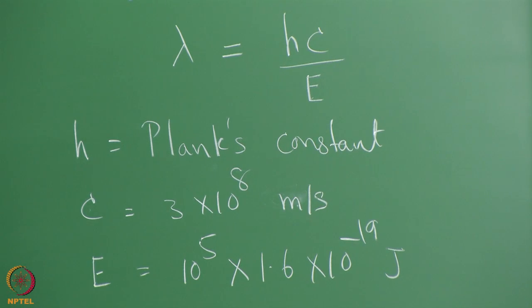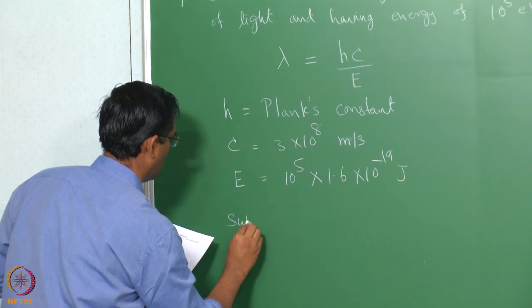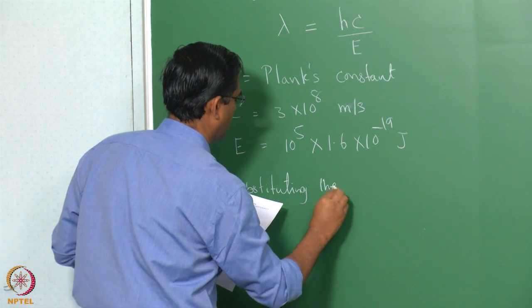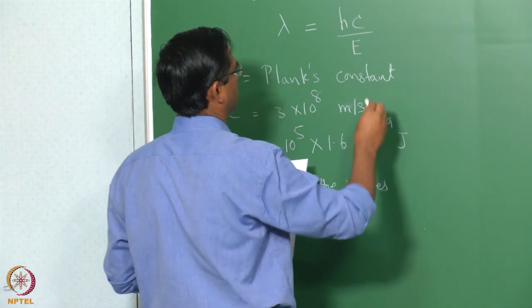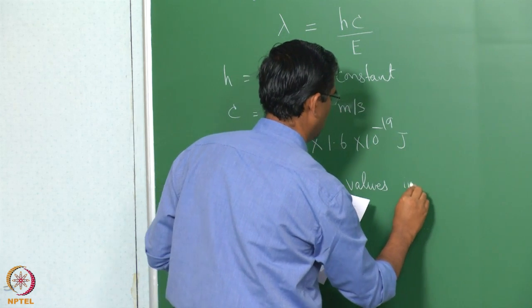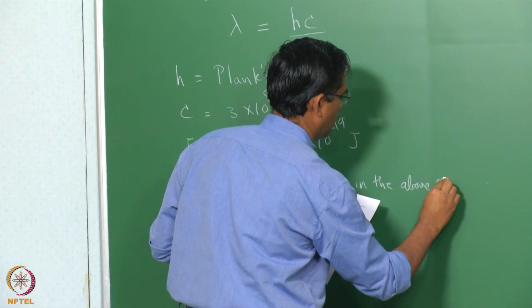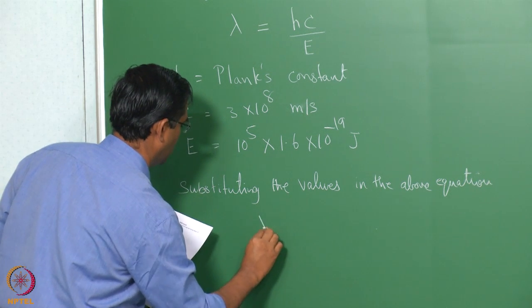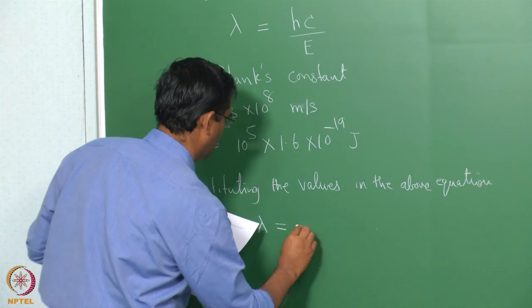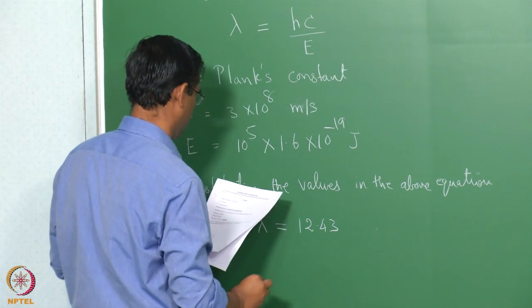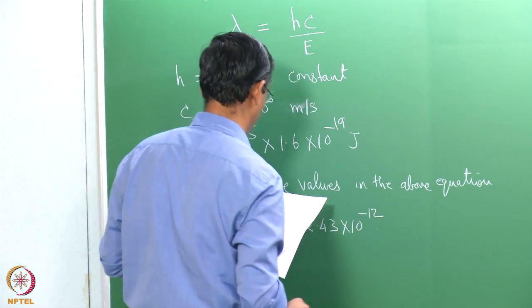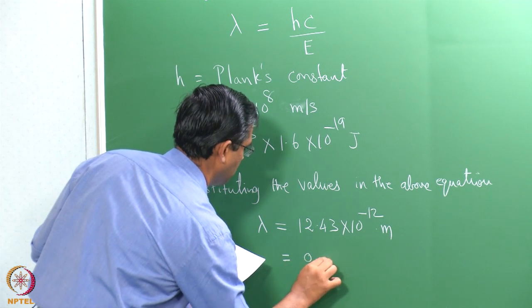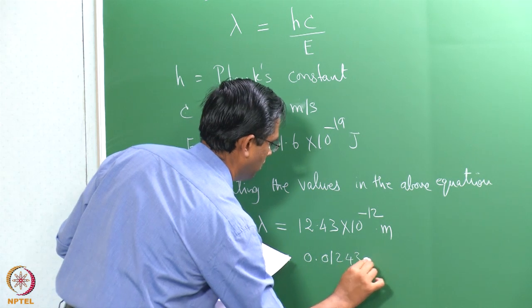If you substitute all these values, you get lambda is equal to 12.43 into 10 to the power minus 12 meters, or 0.01243 nanometers.